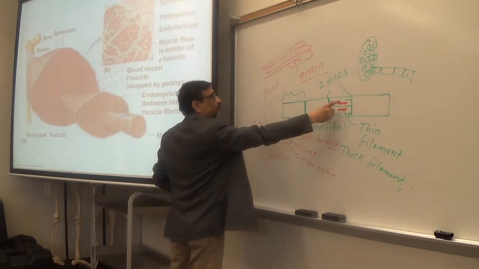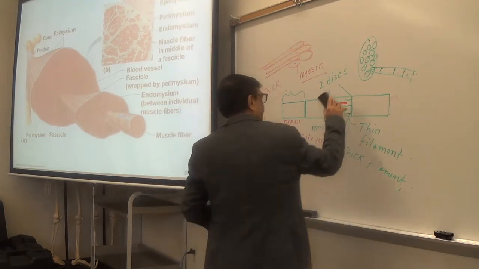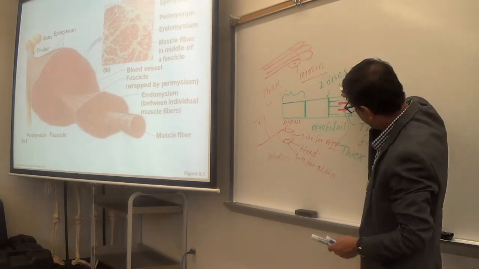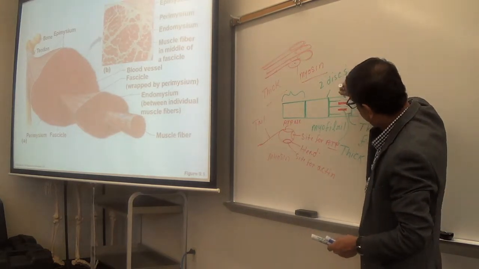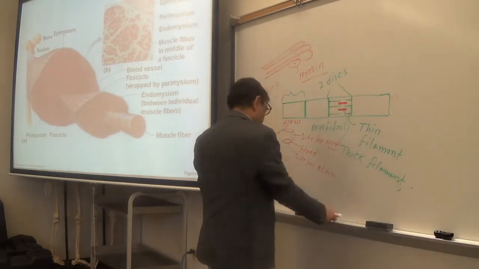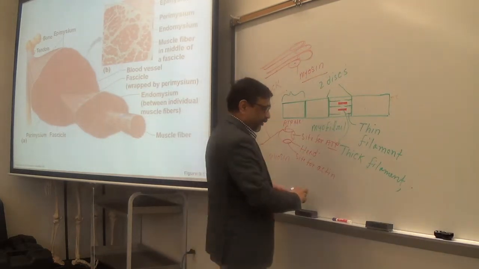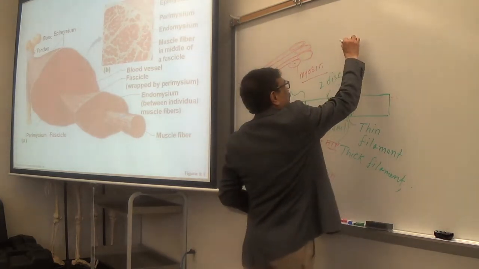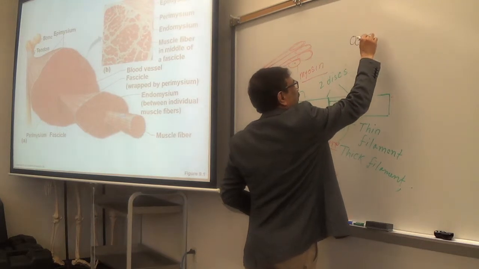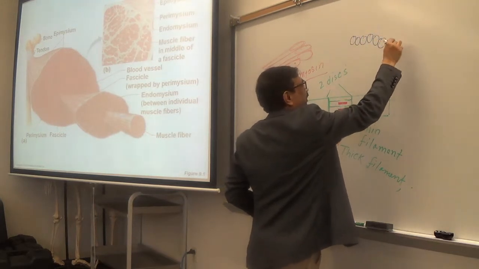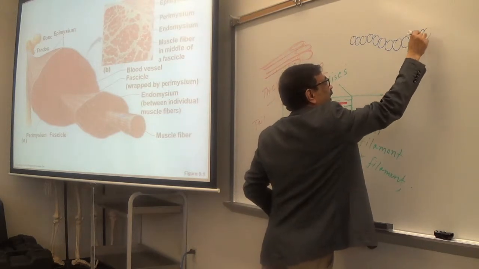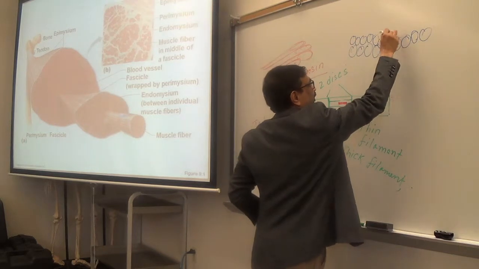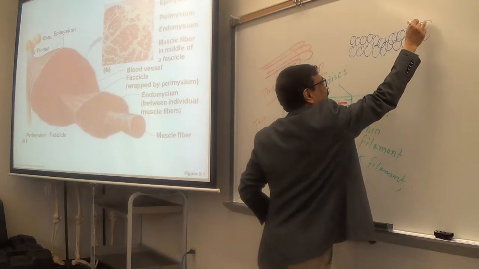This one. Okay? Now let's see the thin filament. If I take a thin filament and see how it looks like, thin filament is formed by double chain, 2 chains of actin. So this is one chain and this is another chain.